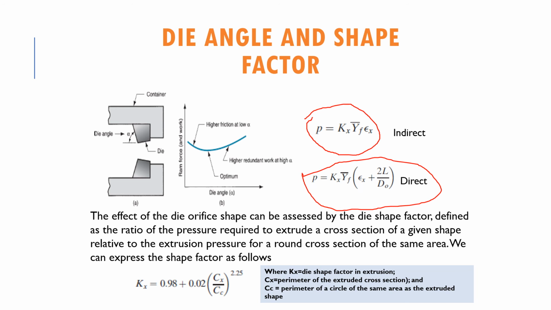Kx is calculated using this equation: Kx equal to 0.98 plus 0.02 (Cx over Cc) to the power of 2.25, where Cx is the perimeter of the extruded cross section and Cc is the perimeter of a circle of the same area as the extruded shape.